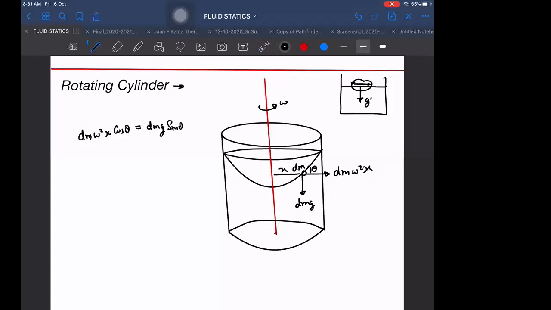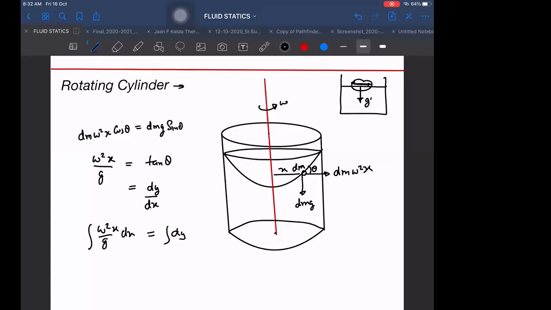We can find by this way: omega square x by g is equal to tan theta. Tan theta I can write as dy by dx. Then I can integrate: omega square x by g into dx integral will become equal to dy integral.